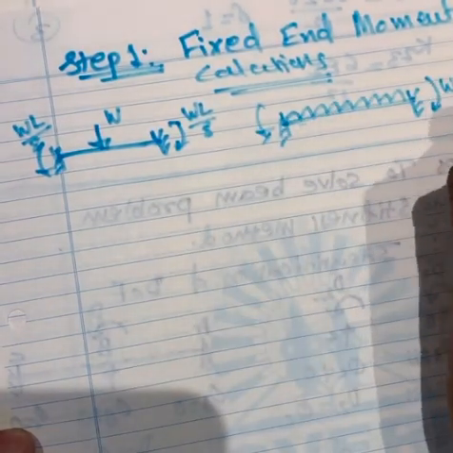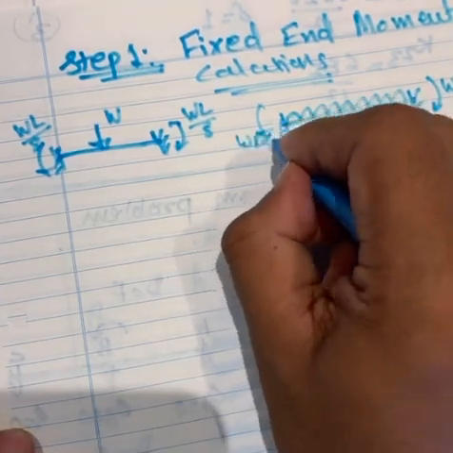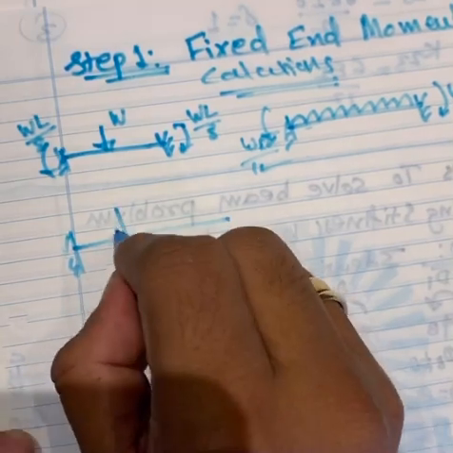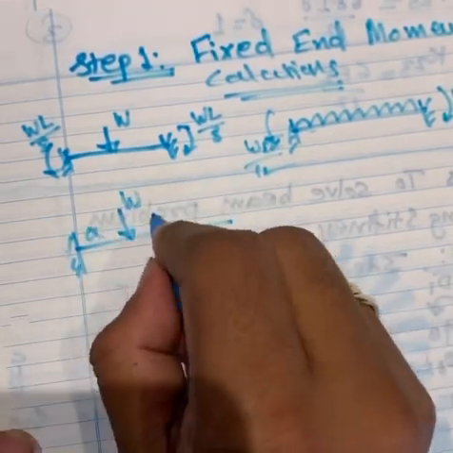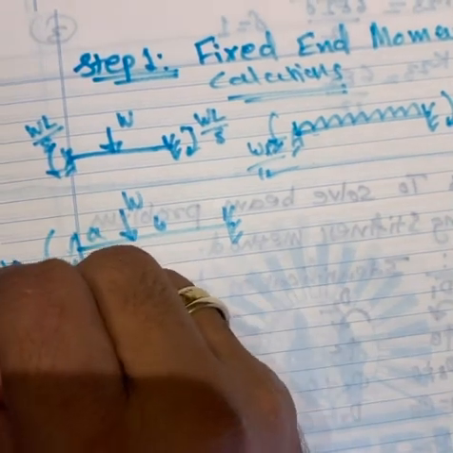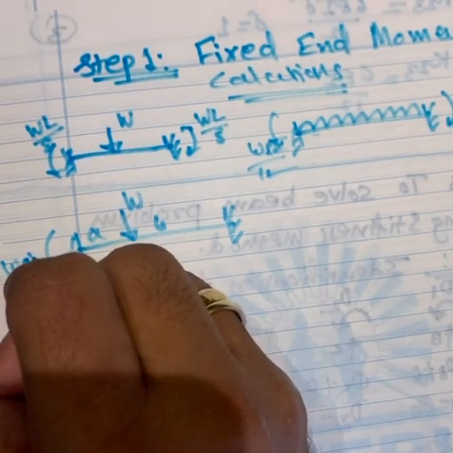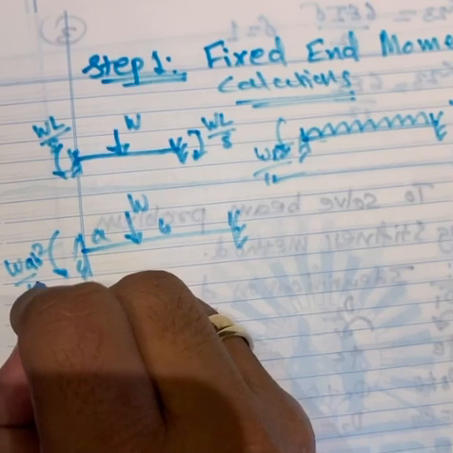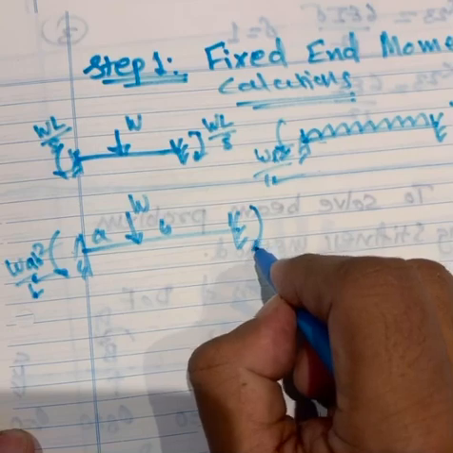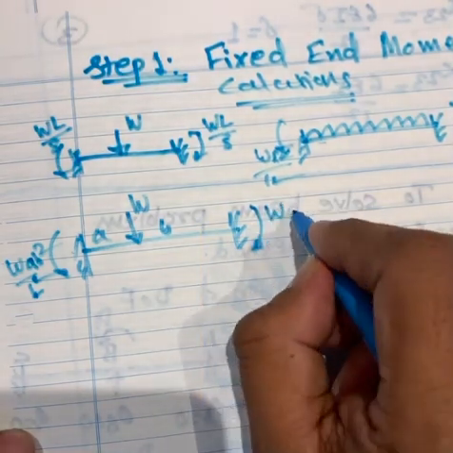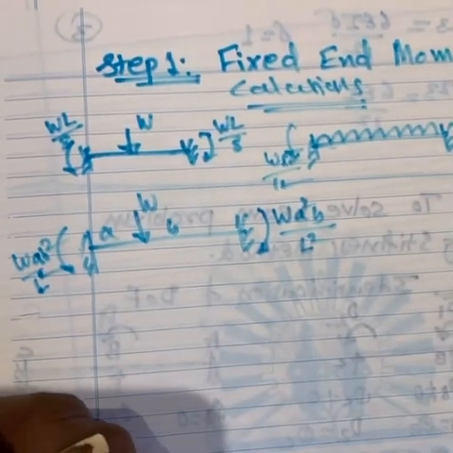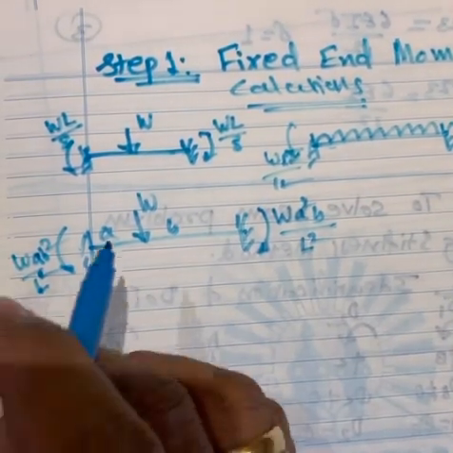Suppose there is a load W at distances A and B, then you can have it as W A B square by L square, and the other will be W A square B by L square. So these are the standard formulas of fixed end moment.